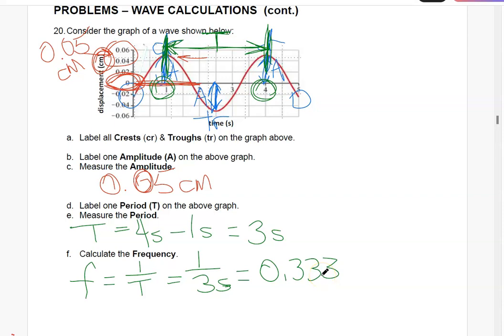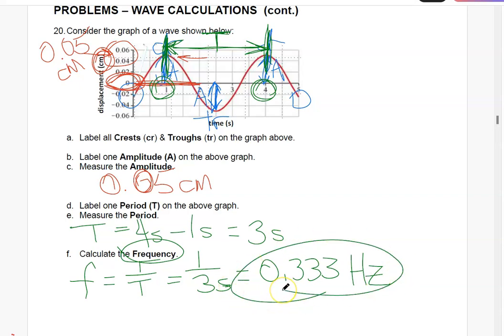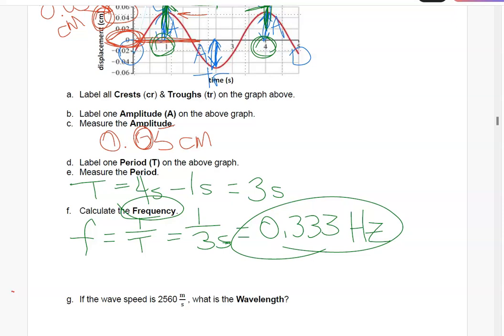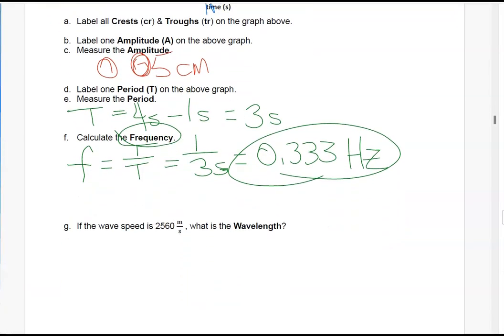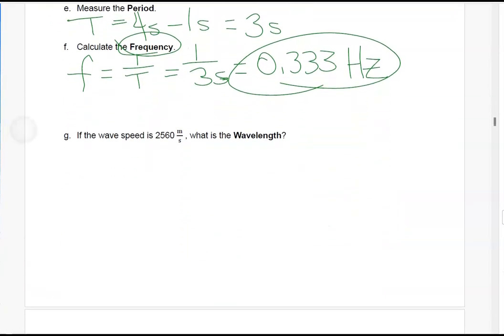And the unit is 1 over second, but we know frequency is also in units of hertz, and hertz is the same thing as 1 over second. So our frequency is 0.333 repeating hertz. And yes, there are very specific rules for how to round numbers once you've calculated them, but we don't cover that in this course.